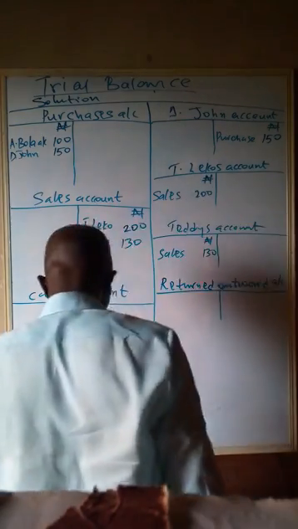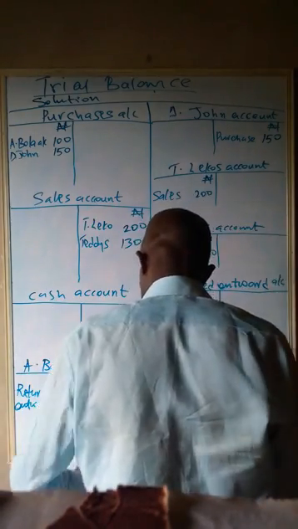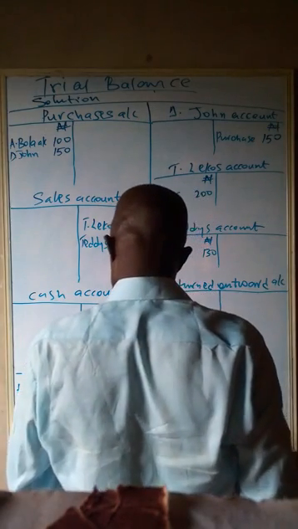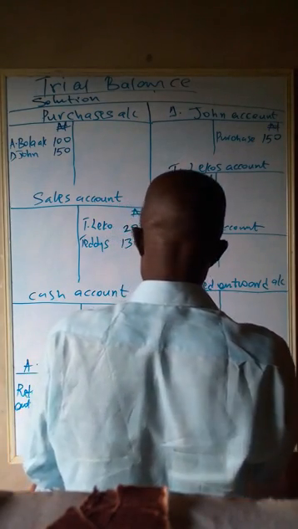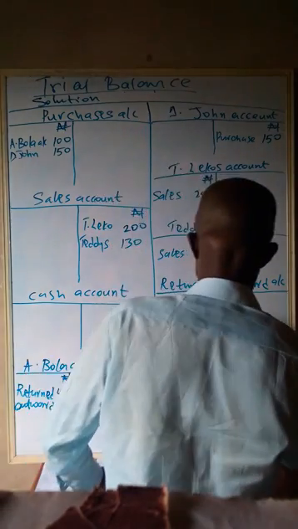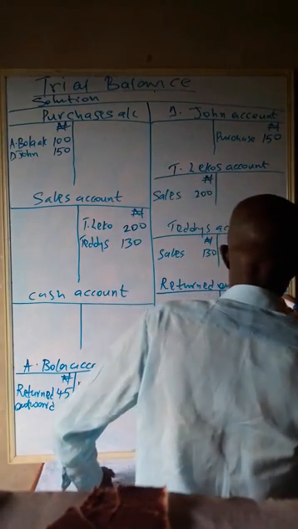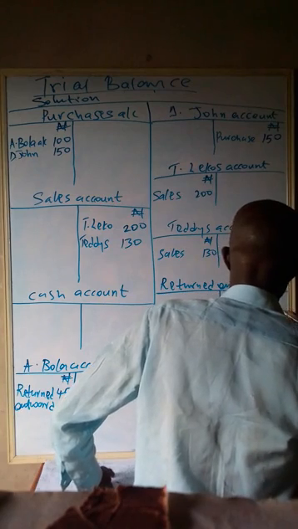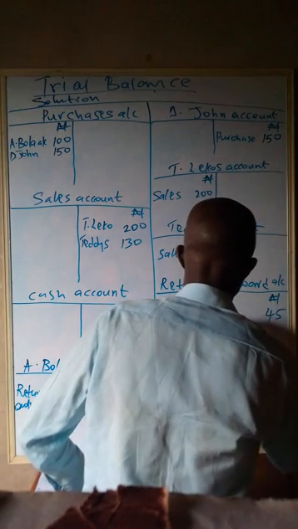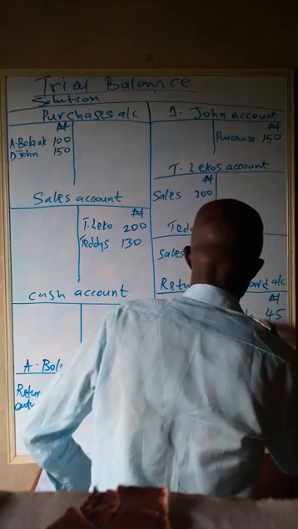This is just once. Return outward account, that is Ebola. That is 45 naira to Ebola. That's the corresponding entry there.